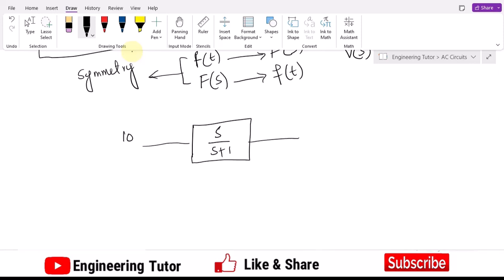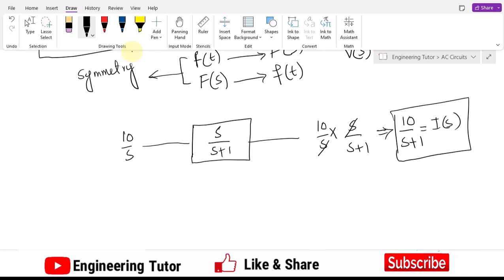The input I am applying is 10 by s, while at the output this 10 by s will be multiplied with s by s plus 1. Here we can see that the s will cancel out and I will get 10 over s plus 1.